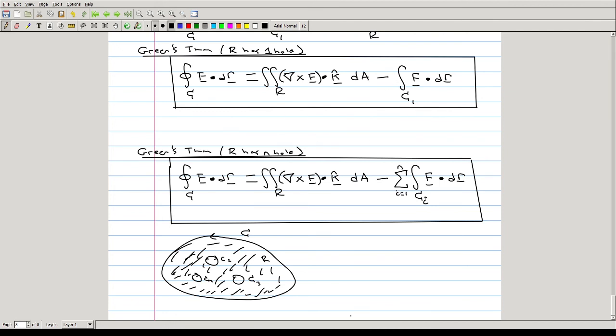I'm not going to go through and prove this. The proof is almost exactly the same as the proof of this one hole theorem, and you can actually see it in the book as well.